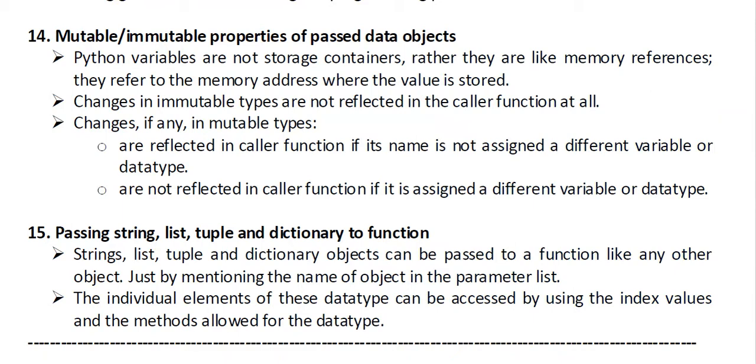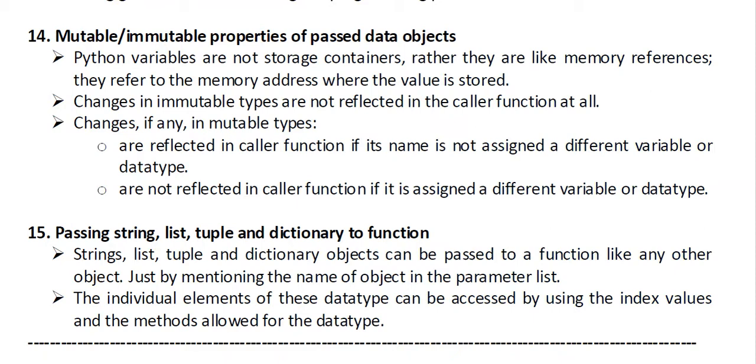We have already discussed this, the execution frame. So when you pass an immutable data type from your function call to the function definition, it goes to a new location, and if you change something there, the change will not be reflected back.